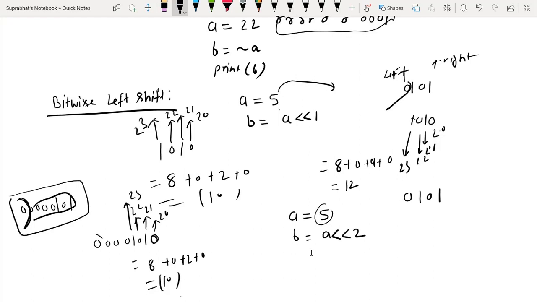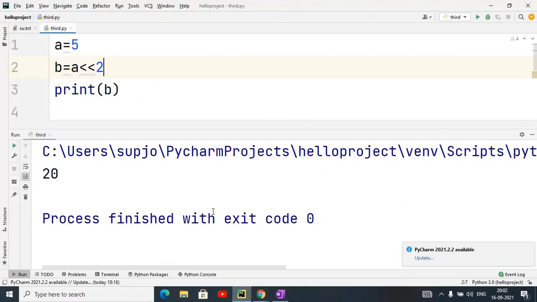If I am using 5 left shift 1, first the number is 5. When I did left shift 1, it becomes 10. Again, if I am using left shift 2, what is the value? 20. If I am using left shift 3, it will be 40.